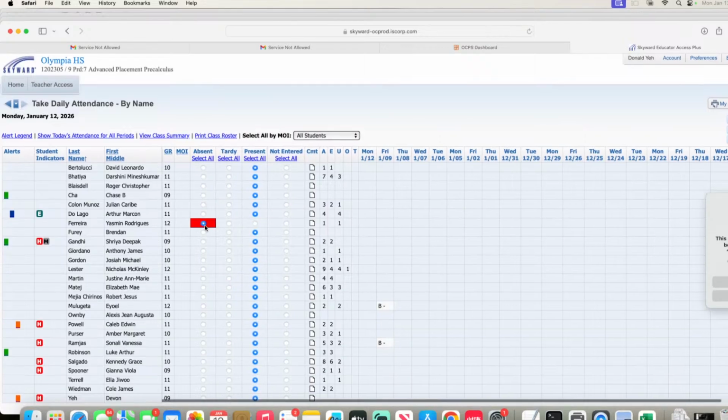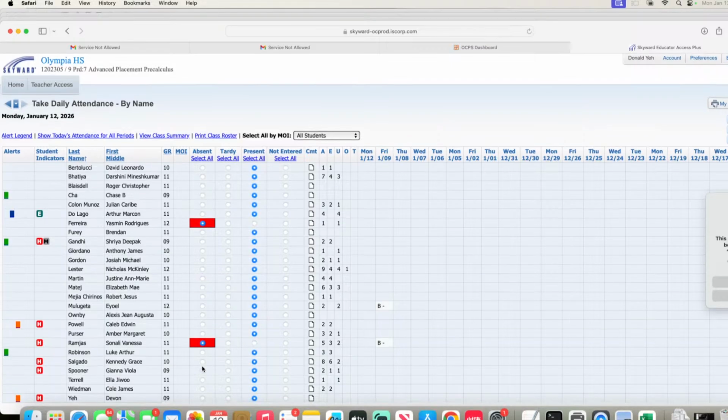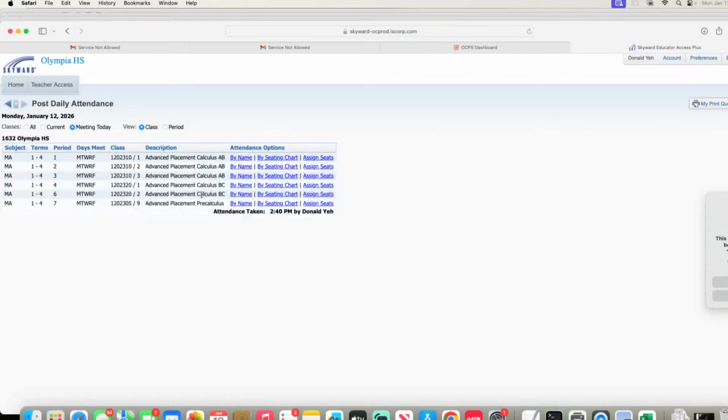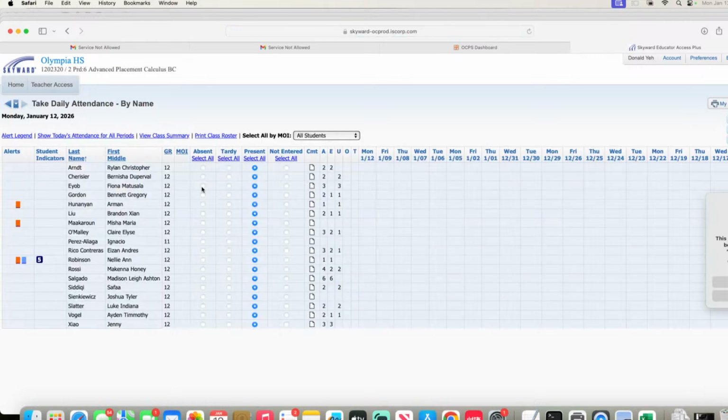Okay, so Brandon, Sherry, Lester, Martin, Elizabeth, May, Bombi, Caleb, Amber, Sonali, Kennedy, Diana, Mylan, Gordon, Brandon, Kennedy, Robinson, Rossi, Salvador, Siddiqui, Shashka, Slater, Aiden, Kenny.